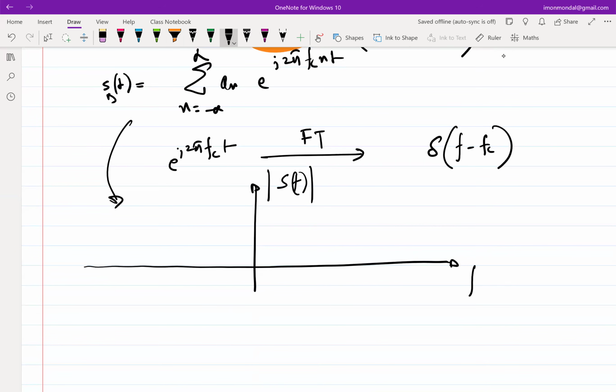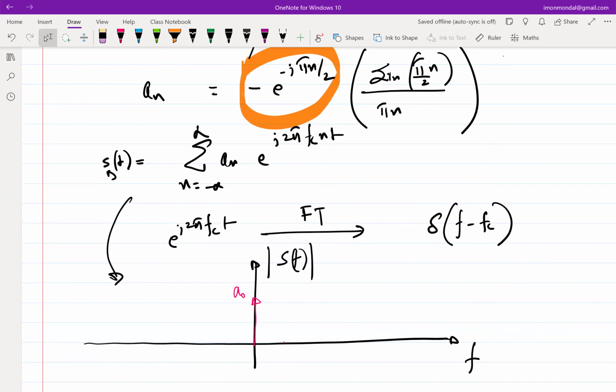So if I plot this, I should get some A naught. Then I should get A1. So by the way, what will be the strength of A naught? Yeah, right. Why half? Because you essentially can break this down into this by 2 times 1 over 2, right? So when n tends to 0, that is the sinc function that goes to 1, that 1 over 2 remains. So this is half.